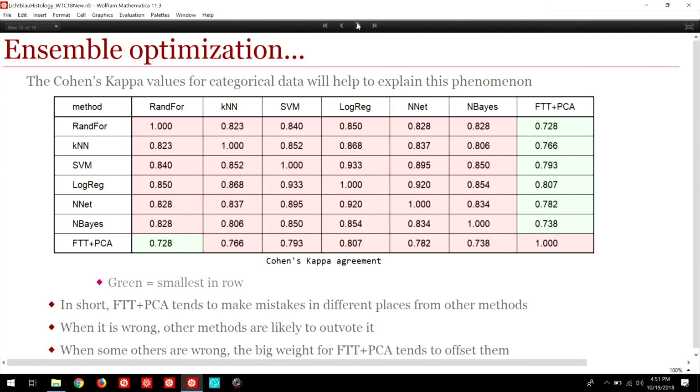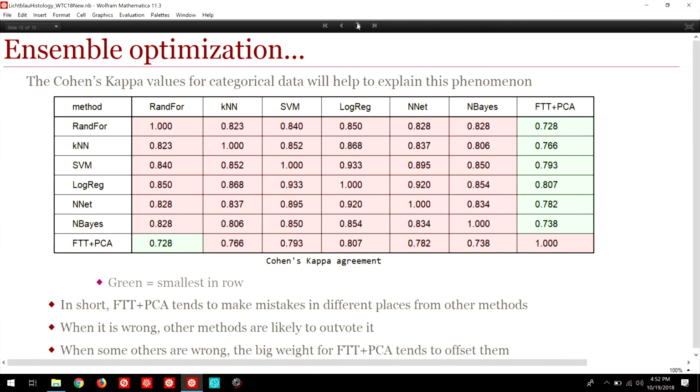Well, the random forest is 6%, and KNN is fairly large, and so is FFT plus PCA, despite the fact that they're from the same general family of methods. And the neural net gets a very low weight, and so does naive Bayes, despite the fact that the neural net was a middle of the pack performer. SVM and logistic regression, the two best performers individually, are getting decent weights, but not nearly as large as the largest of those. So why is that?